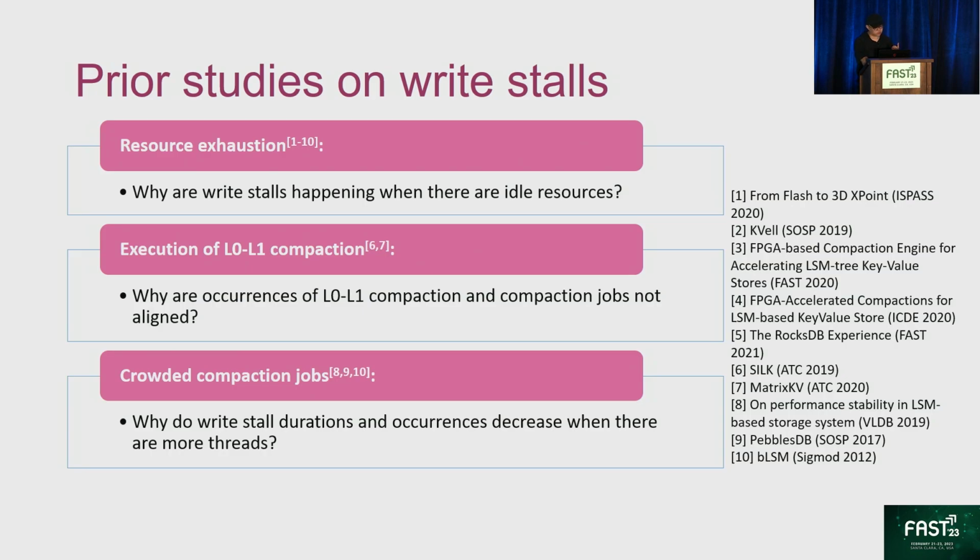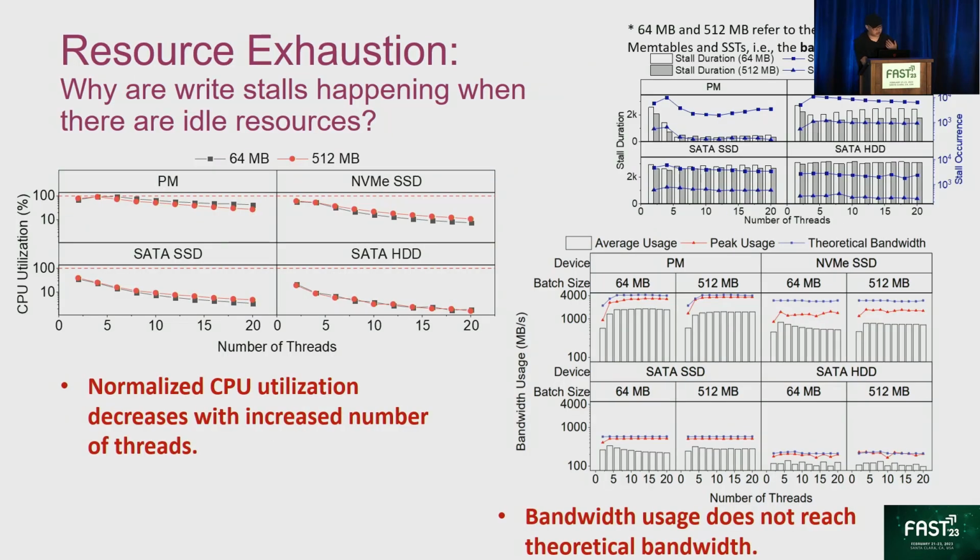But for each category, we observe some opposite situations. So here we have three figures. Prior studies first conclude the cause of write stalls as resource exhaustion, which means the write stall is either caused by the shortage in CPU utilization or the shortage in the disk bandwidth. However, our observation shows that this is only partially true.